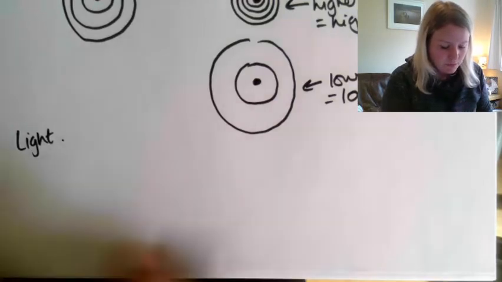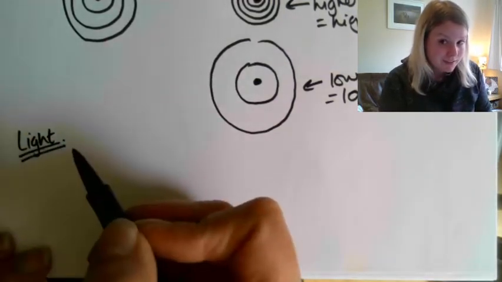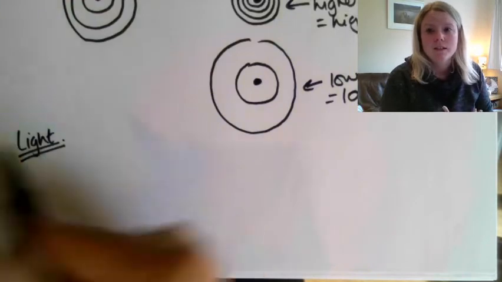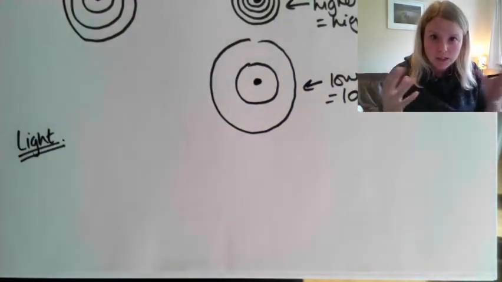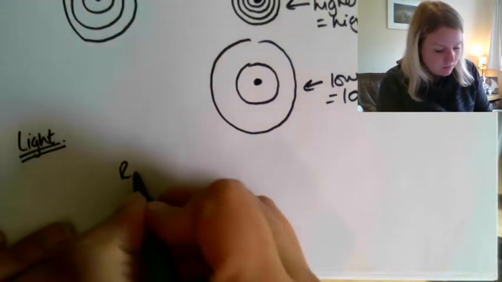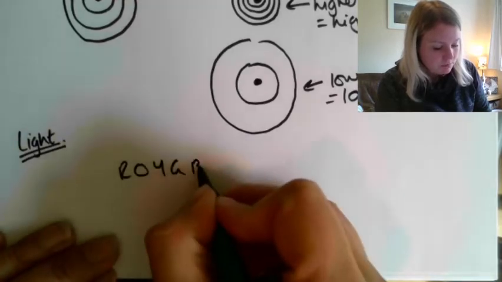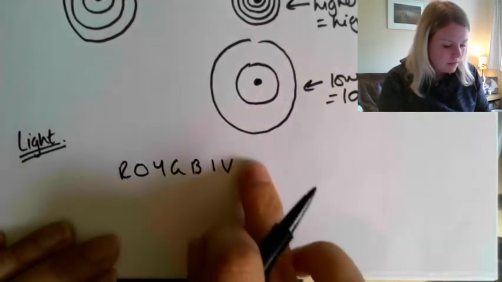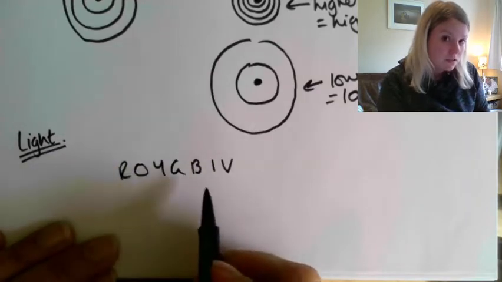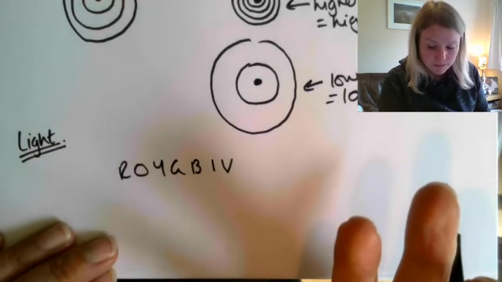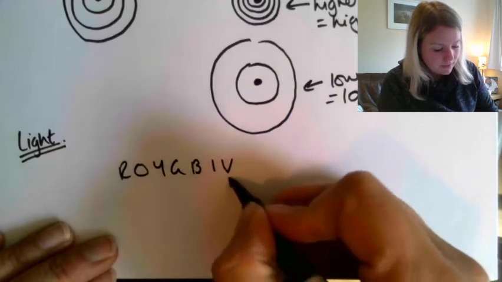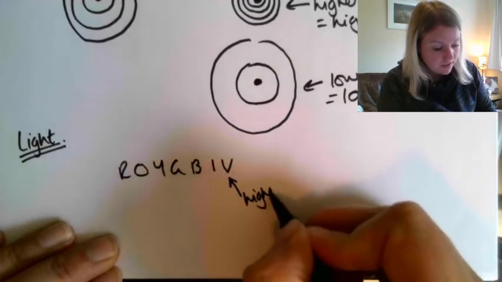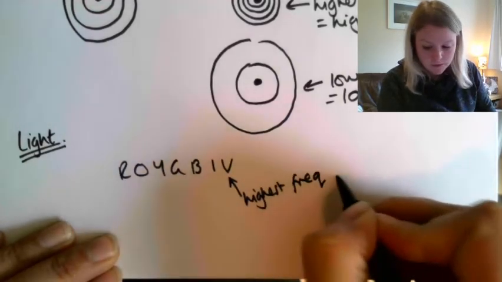White light is all the different colors of the spectrum joined together: red, orange, yellow, green, blue, indigo, violet. Every one of these colors has a different frequency. So violet is the highest frequency of wave.